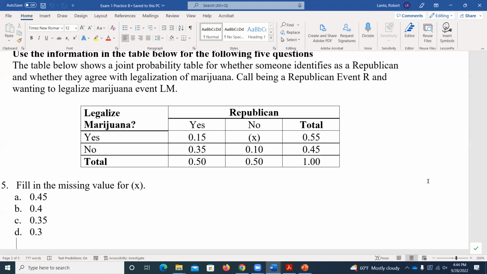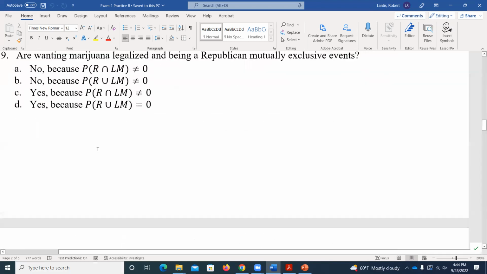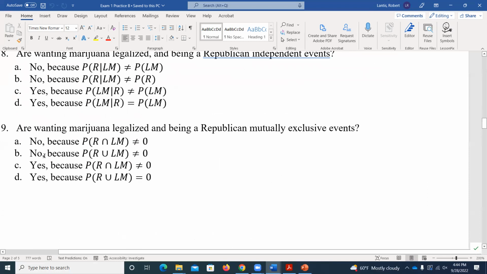If it's not equal to 0, then they're not mutually exclusive. Here we don't have any zeros, so automatically we know that no, these can't be mutually exclusive.